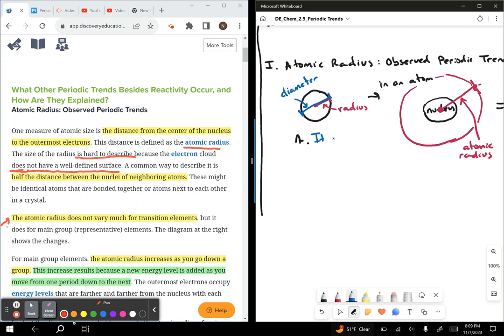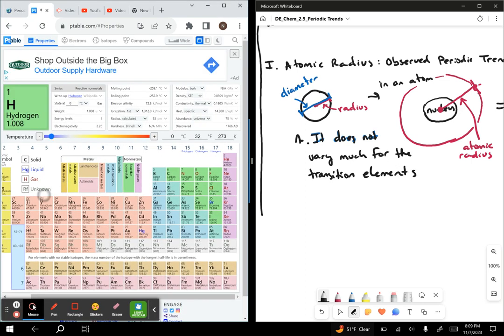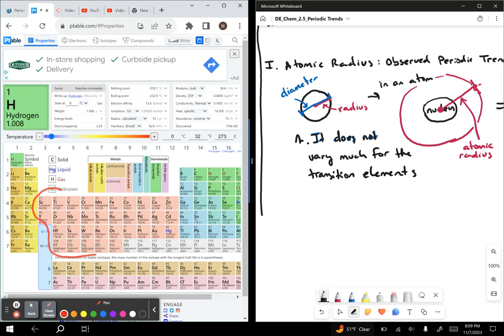It does not vary much for the transition elements. If we look at the periodic table, they're talking about these guys right here, these transition elements. Your atomic radius does not vary much for these.